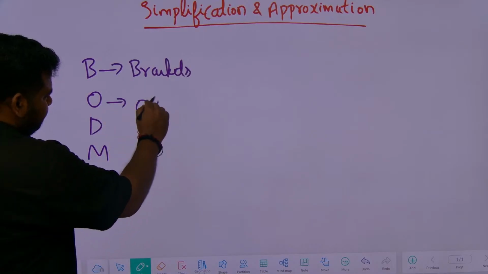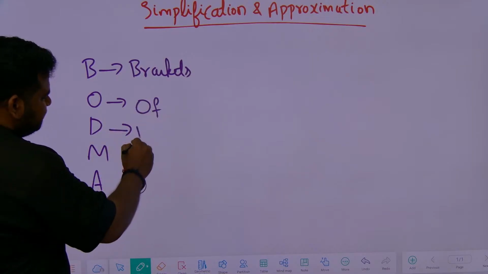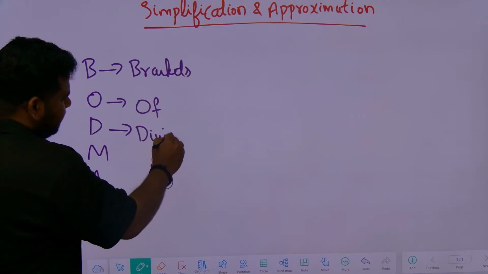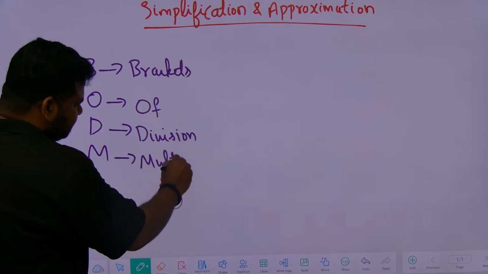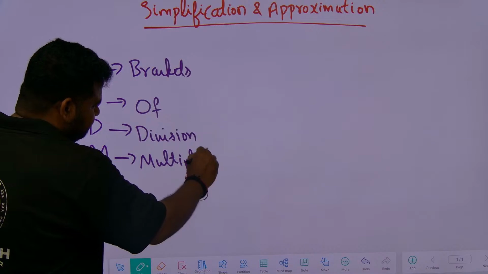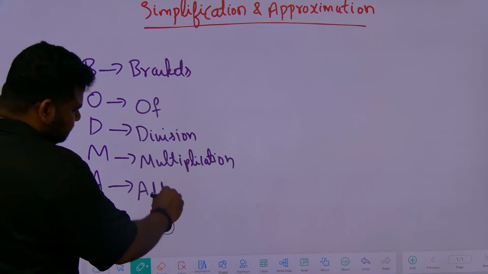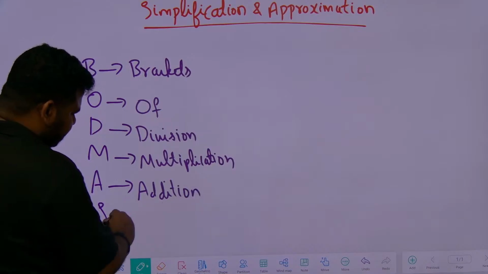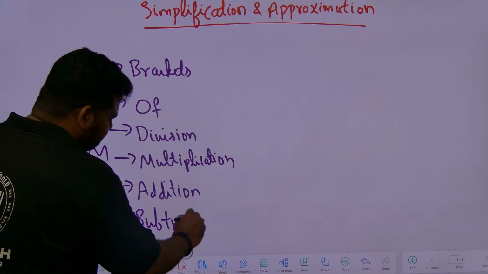In physics numericals also brackets will come. Then this is off, which very rarely comes in physics numericals, but still you should know. Then division, and multiplication, and then addition, followed by subtraction. These are the things that we have.